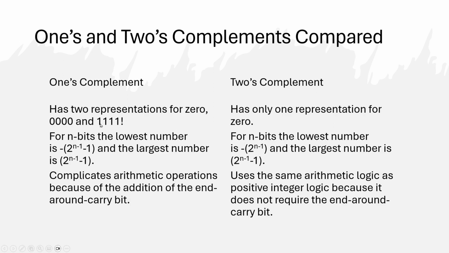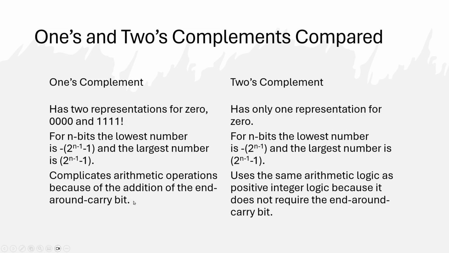So this is a sign, and then these are numbers. For a positive number, the largest is 0111. That's 7. And the largest negative number is 1000. That's -7. And this complicates arithmetic operations because of the addition of the end around carry bit.